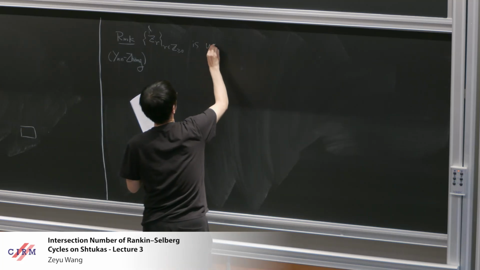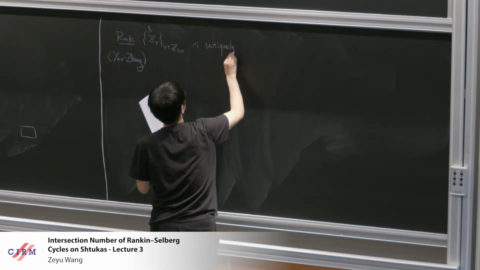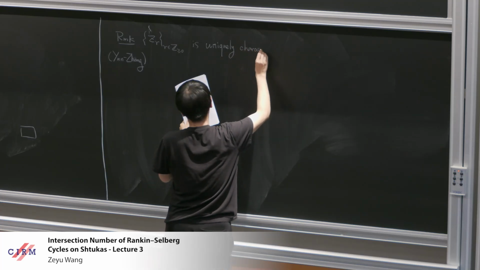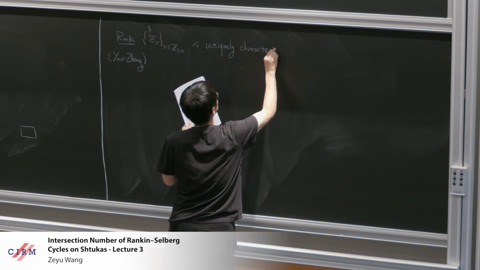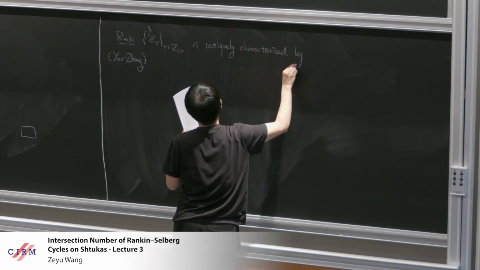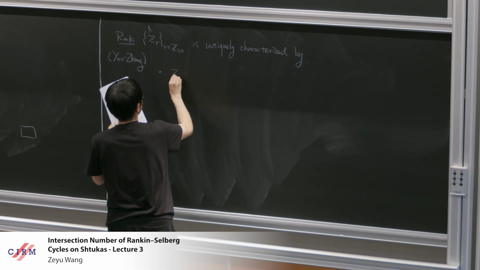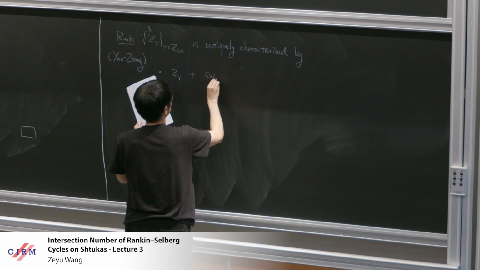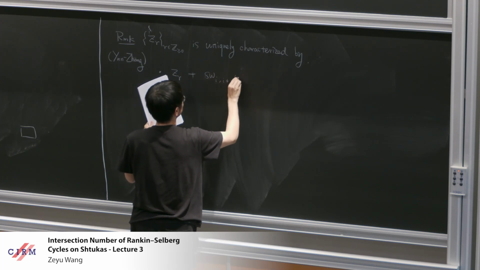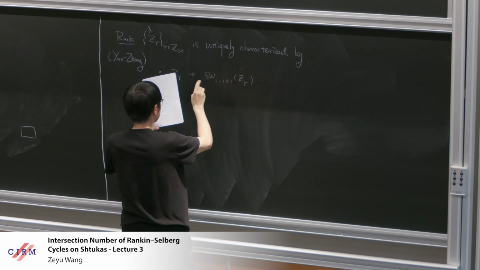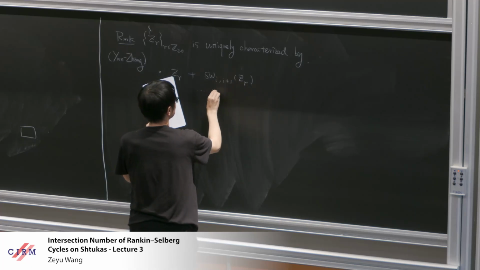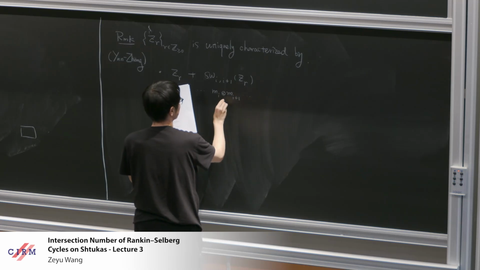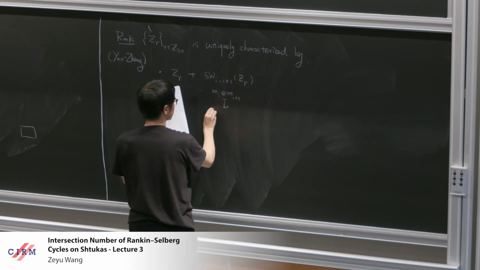It is uniquely characterized by the following properties. You have this Z_r, and you can consider an operation that swaps the i-th and (i+1)-th factors of it. Z_r is an element of this form on the i-th and (i+1)-th positions, and the swap just swaps these two factors.